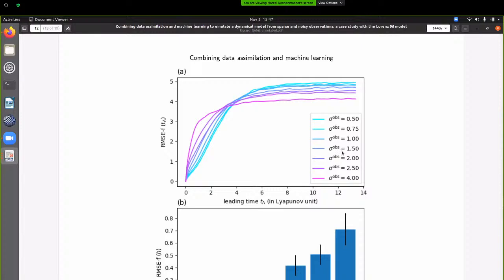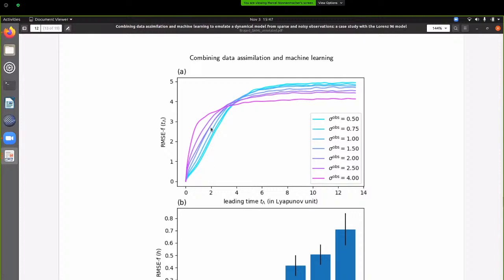If the data was very noisy, that's the violet one, then the model is very bad, in the sense that the prediction errors relative to the ground truth Lorenz 96 dynamics rise very steeply. And if you had very little noise, you can reconstruct the dynamics much better.